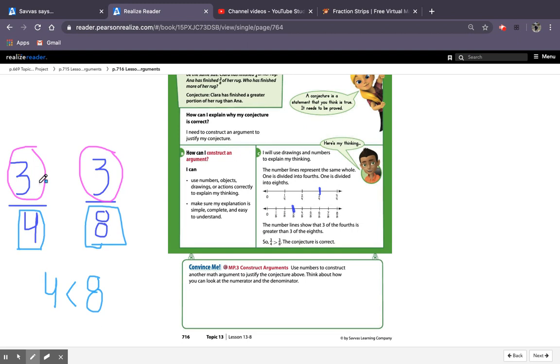We're only one away from making 4/4, which would be a whole. Looking at how far we are from creating the number one, with numerator and denominator being the same number, whichever one we're closer to will be the greater fraction. I'm going to clear this page though.